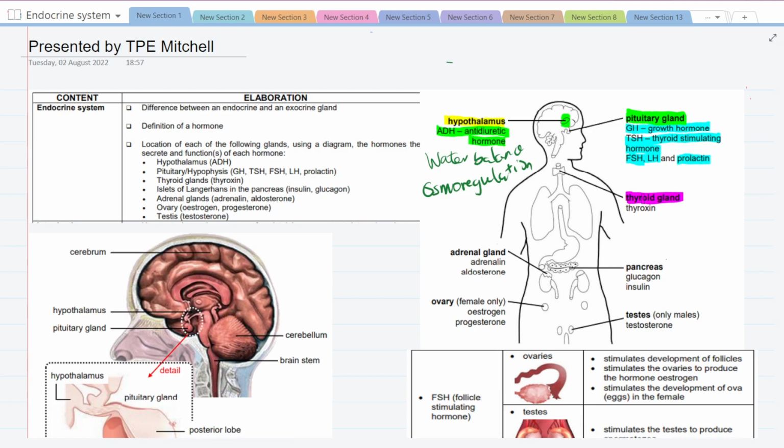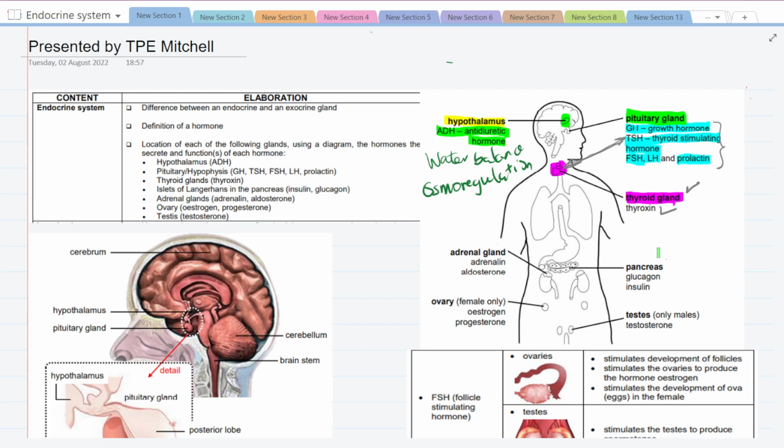Now there is something special about the pancreas: it can be an exocrine and an endocrine gland. So not hormone but gland. Now the pancreas is responsible for two things.